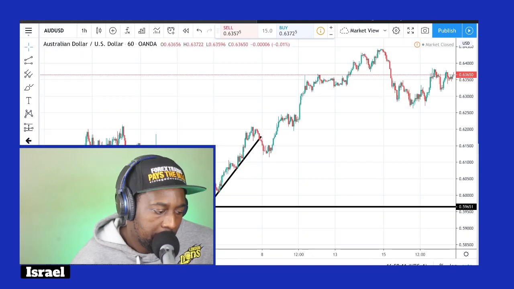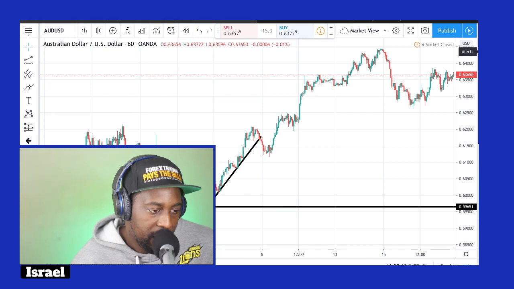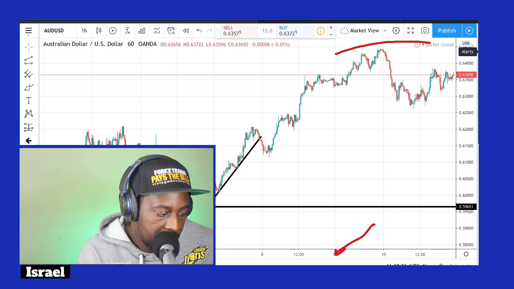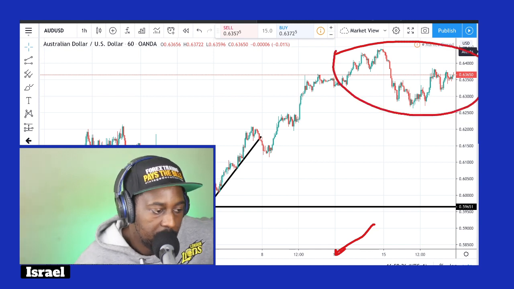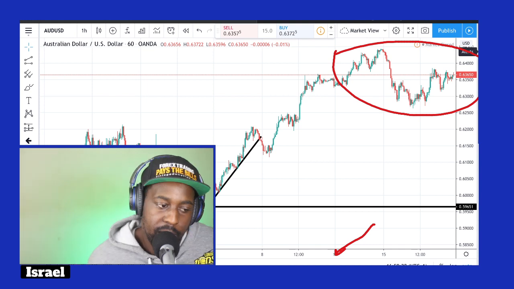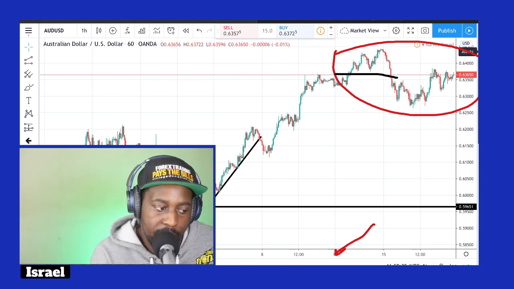So the week started here, right? And you can see this is all of the week's trading activity. In a nutshell, you can draw a line right through the middle and there's some above, some below.